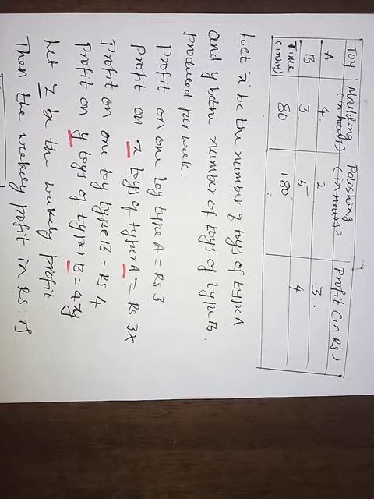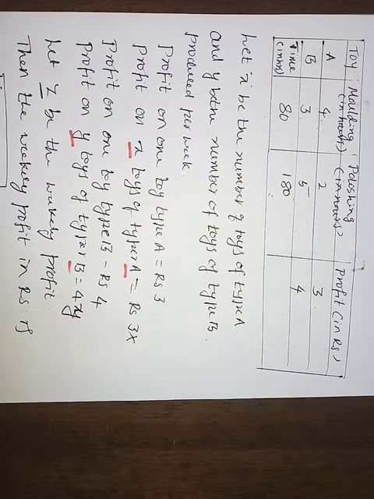Here Z is known as the objective function. The objective function is always either to maximize the profit or minimize the resources. Here it is to calculate the maximum profit, therefore our objective function is to be maximized.